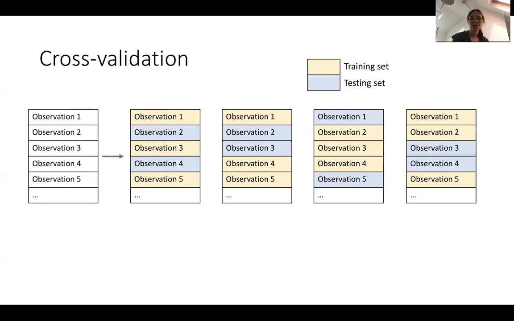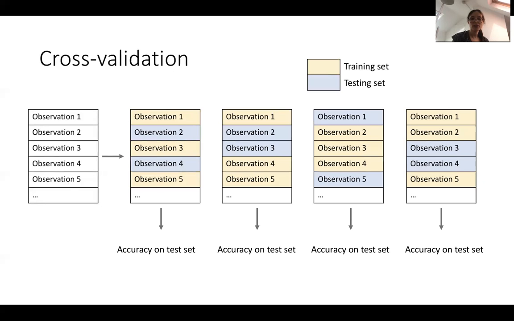For each of these splits, you can measure the accuracy of your model on the test set. So now, instead of having a single value for the accuracy of your model, instead you have a bunch of different accuracies given different splits between your training set and your testing set. You can draw this as a histogram.